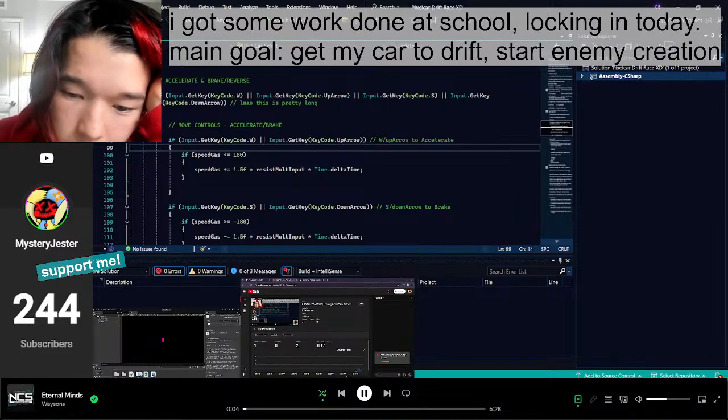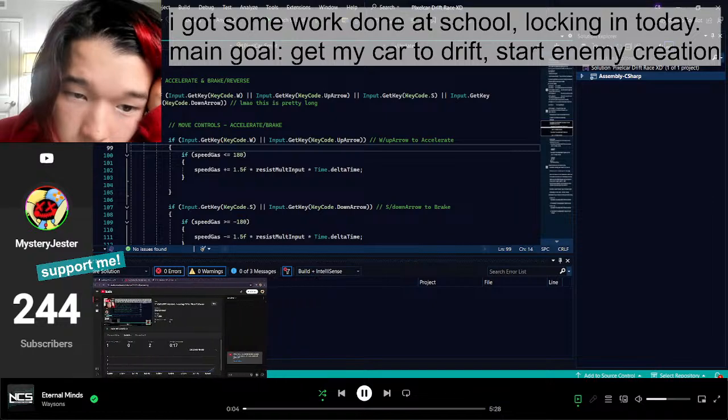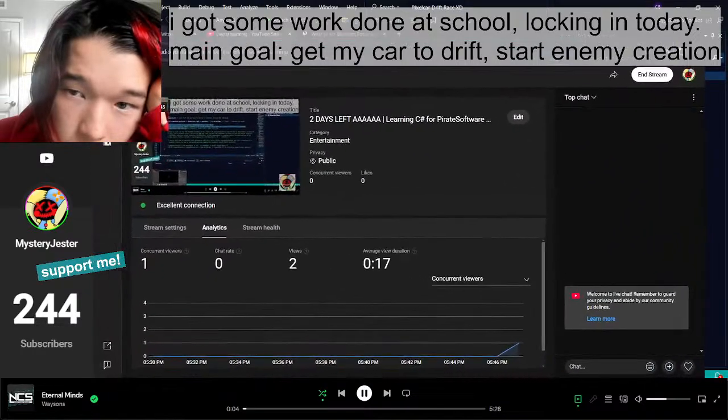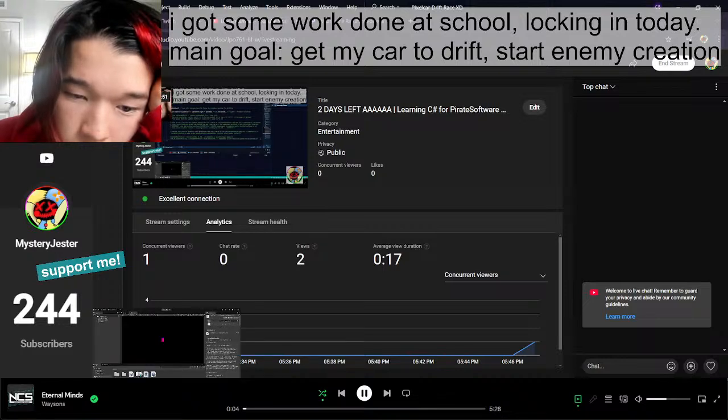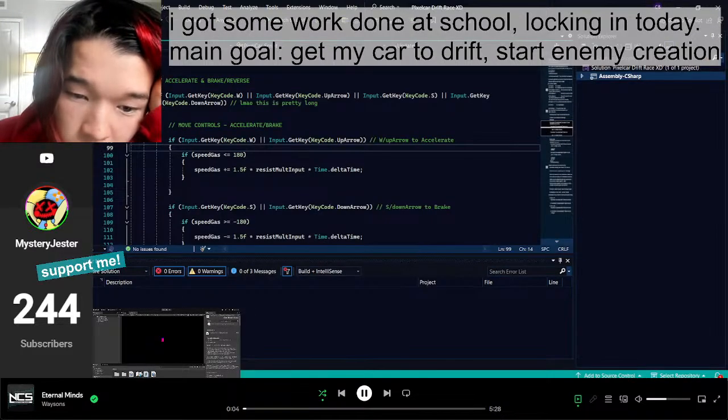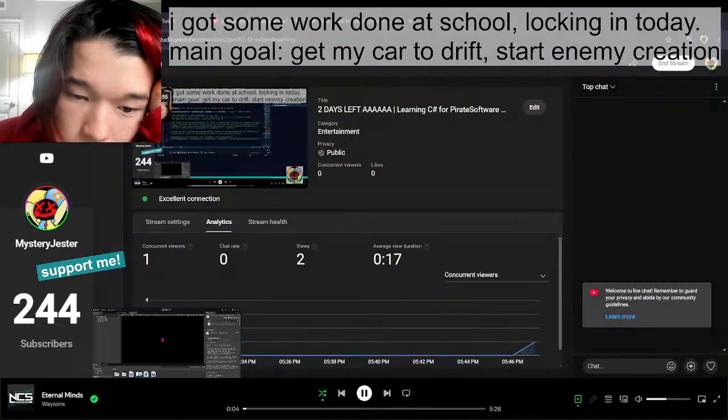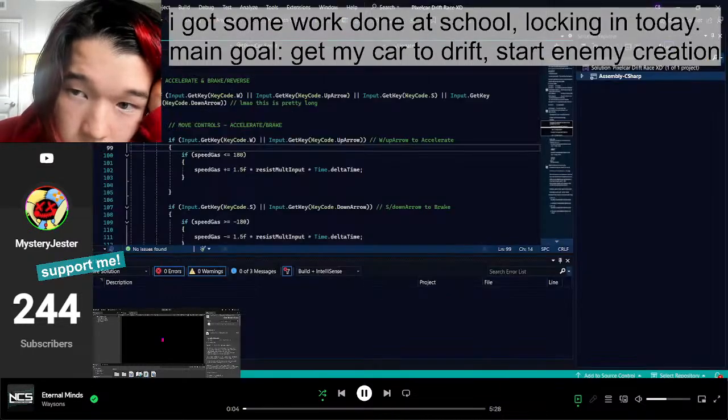Here, you know what? I'm just gonna pull this up so it's easier for all to see. I'm just gonna do this. And then I'm gonna move this behind these two. Actually, I'll just shrink this one down.